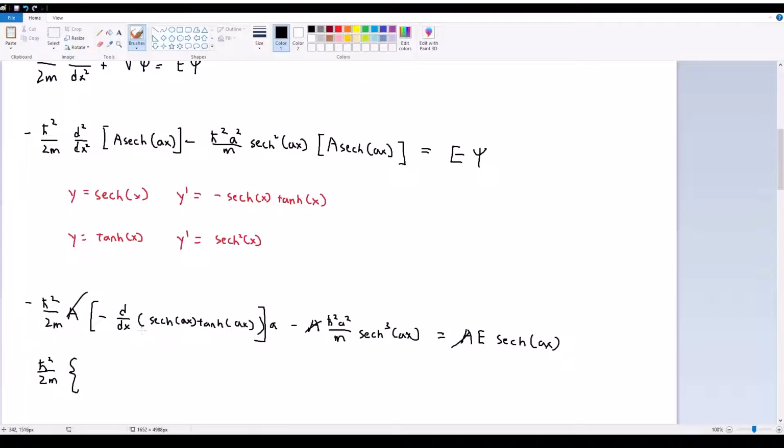And then we're going to use product rule once again here. So this is going to be, let's see, d by dx of hyperbolic secant of ax, and then multiplied by hyperbolic tangent of ax. And then we're added with hyperbolic secant of ax times d by dx of hyperbolic tangent of ax.